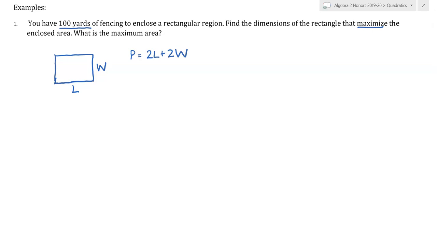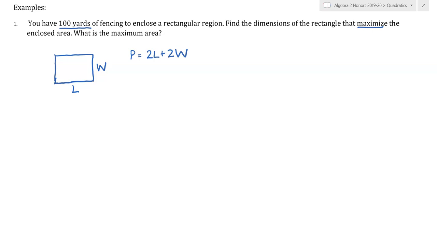Now, if we let one of those variables, either length or width, be x, we can write the other dimension in terms of x. We want all of our sides to be in terms of x if we can.